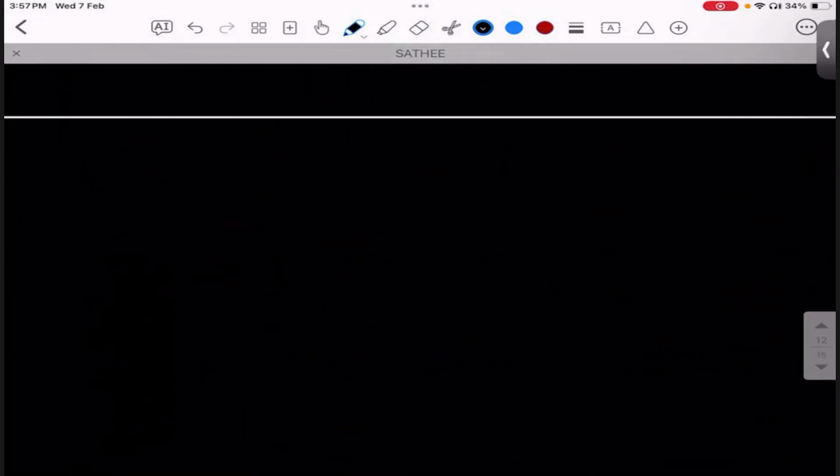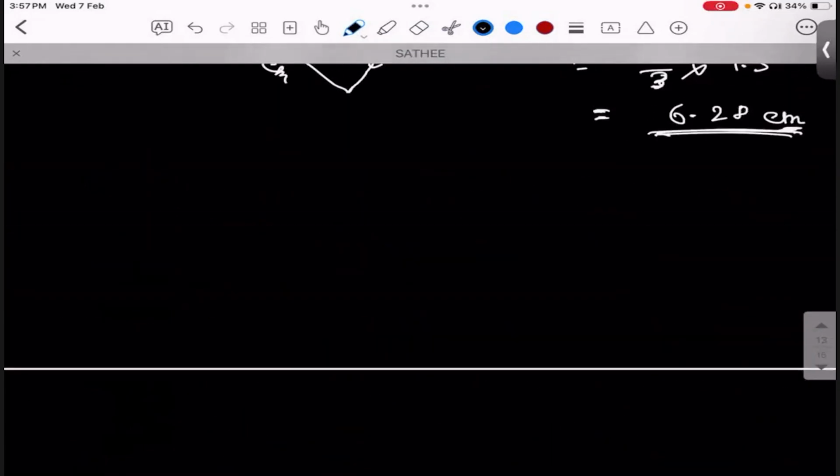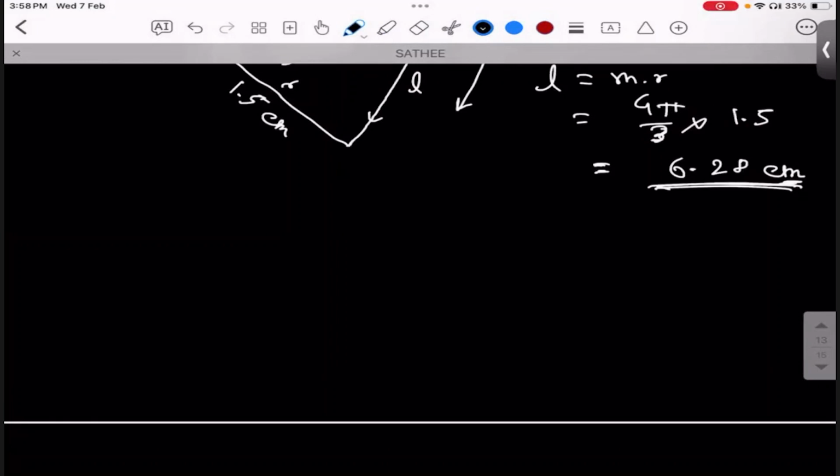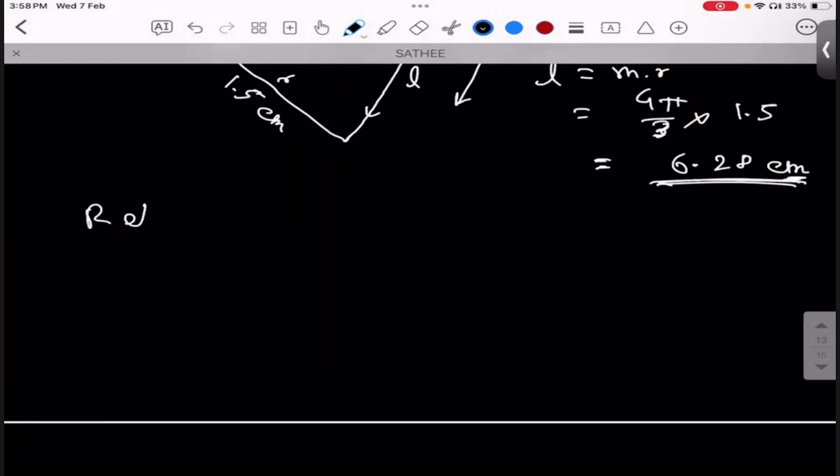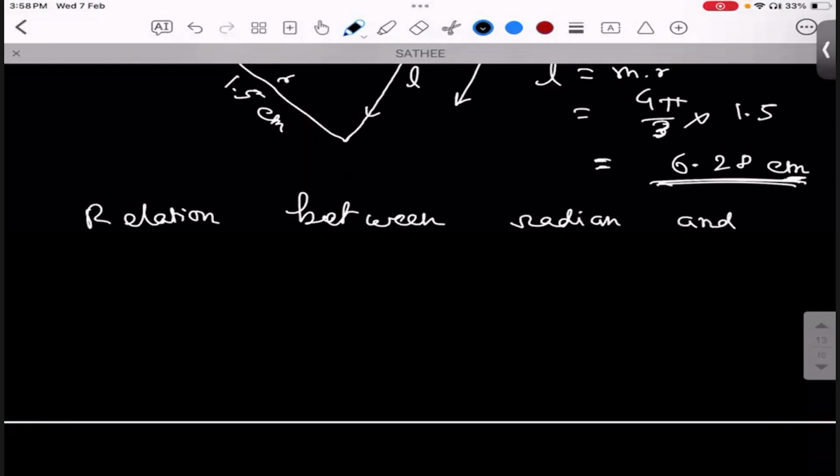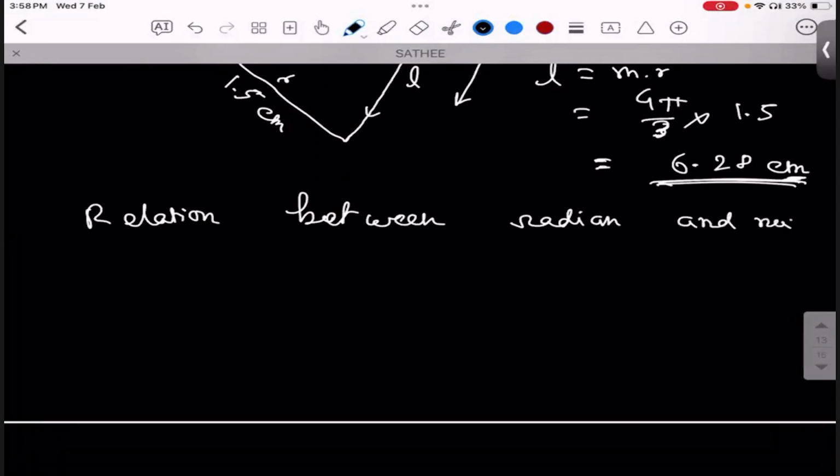Now we will discuss the relationship between radian measure and real line, or real numbers. The relation between radian and numbers.